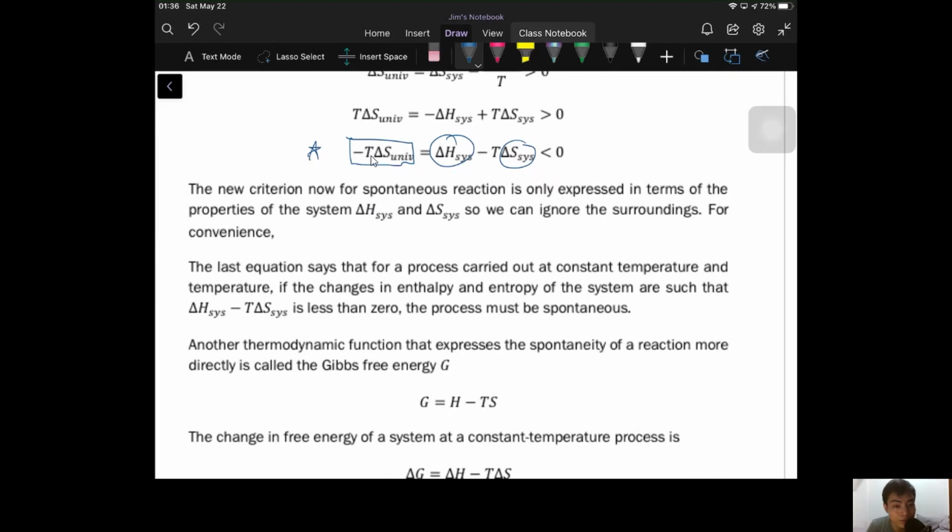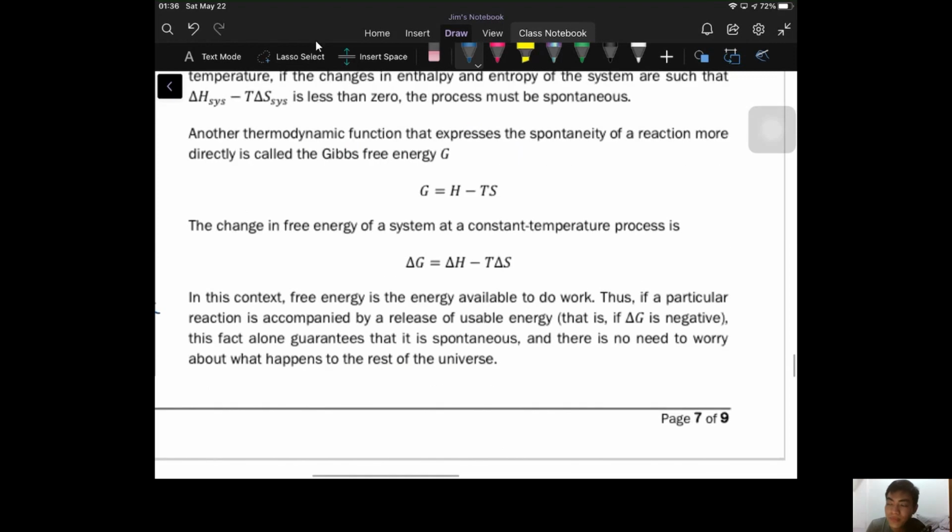we introduce another energy form which is called the Gibbs free energy. Okay. So this Gibbs free energy is another energy form, which is the difference of the enthalpy and the product of temperature and entropy. Okay. So you just subtract the product of temperature and entropy from the enthalpy.